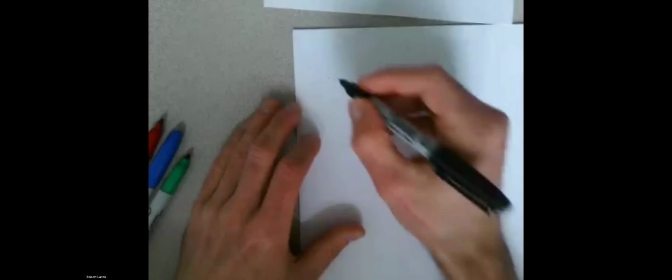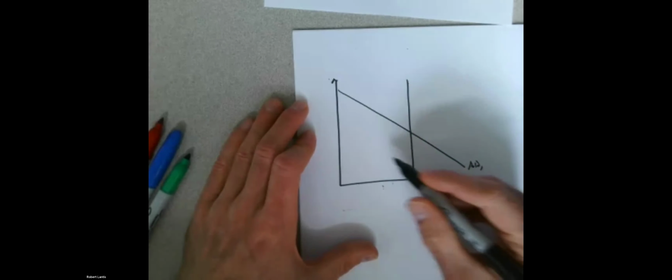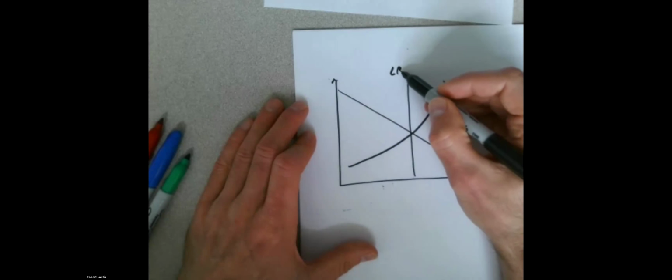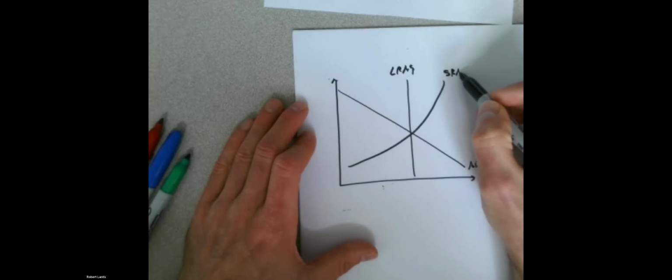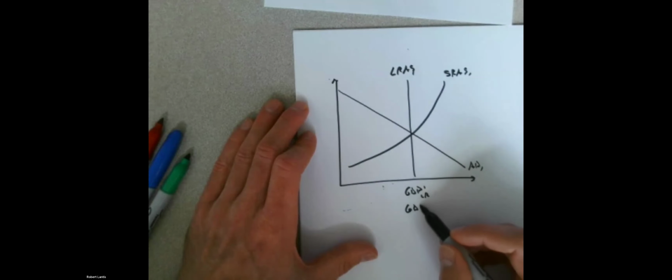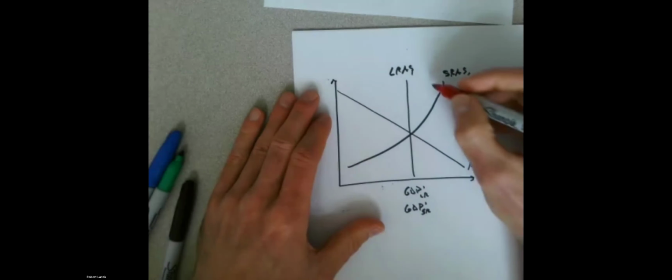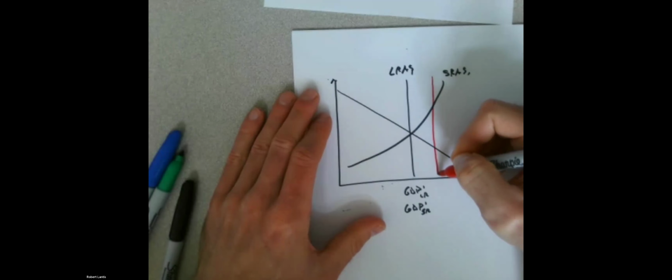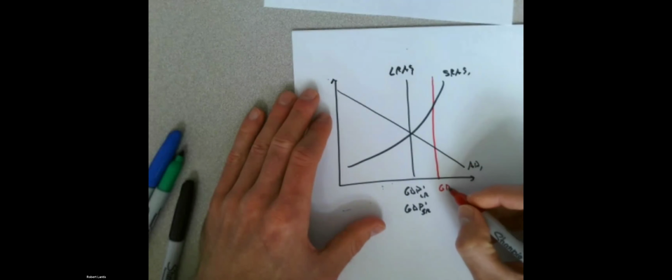So what if instead we have a scenario where we start out at this point where long run and short run GDP are the same, right? We had no gap existing. We then have labor supply increases. Well, if labor supply increases, that was one of our factors of production, so that would increase our long run GDP.